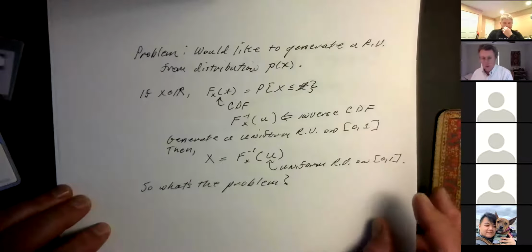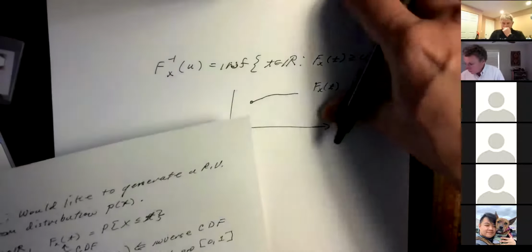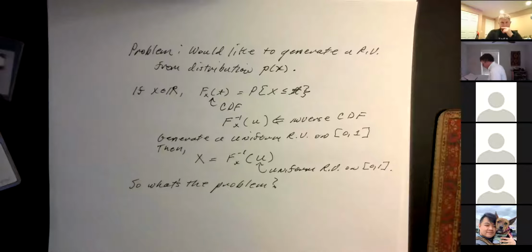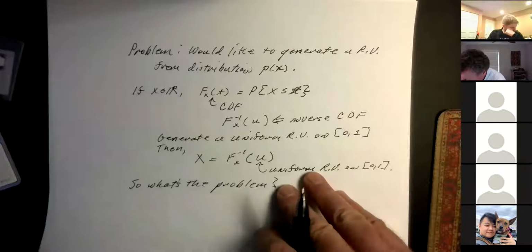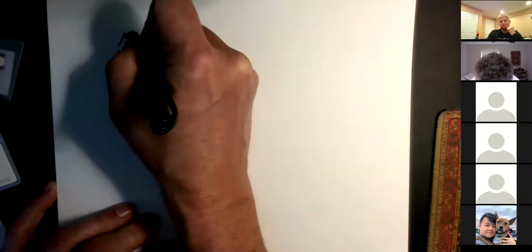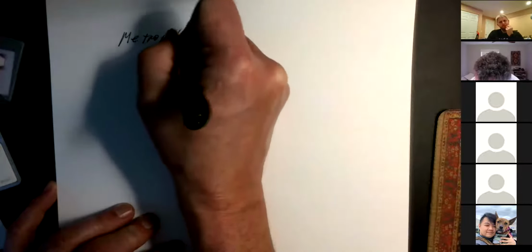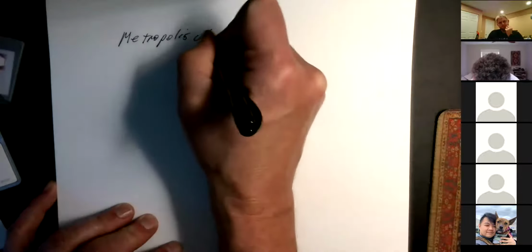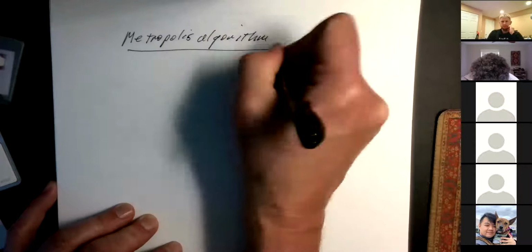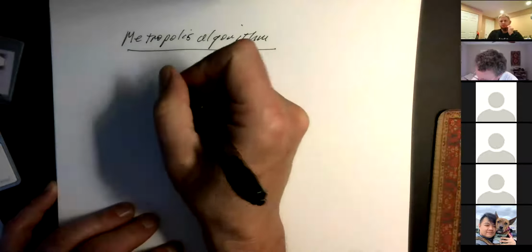Okay, so the question is, is there a more practical way of generating random variables with a specified distribution? Here's how you do it. We have this thing called the Metropolis algorithm. The first thing you do is this.